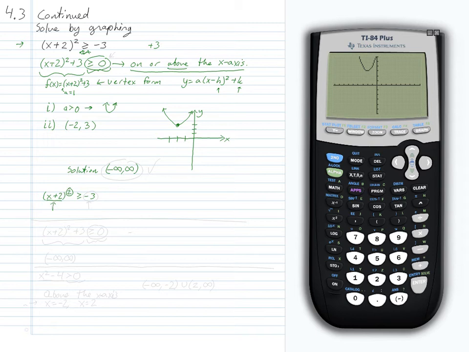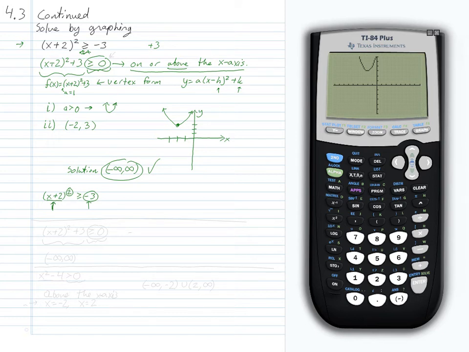The result may be 0 or larger. And that means that the result on the left is always going to be greater than -3. So this inequality is always true, and therefore our solution, -infinity to infinity, is valid.